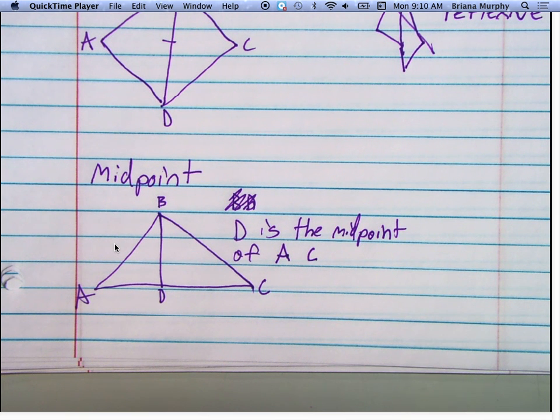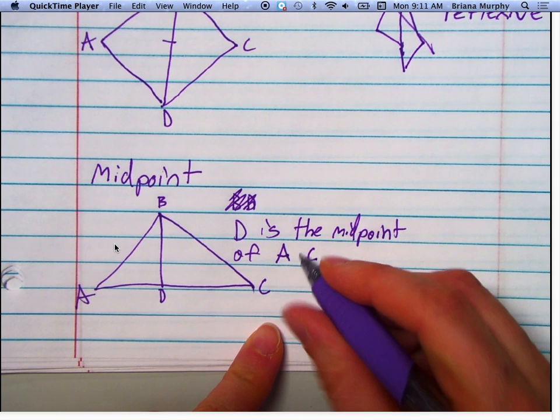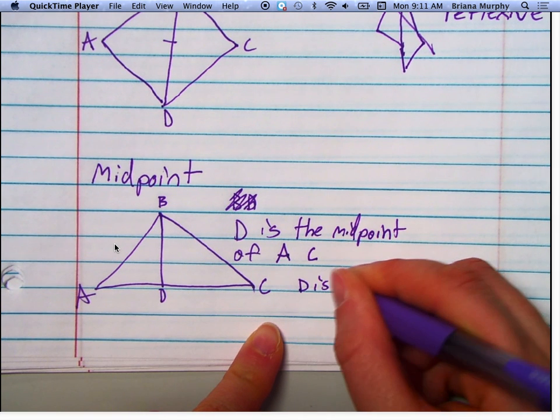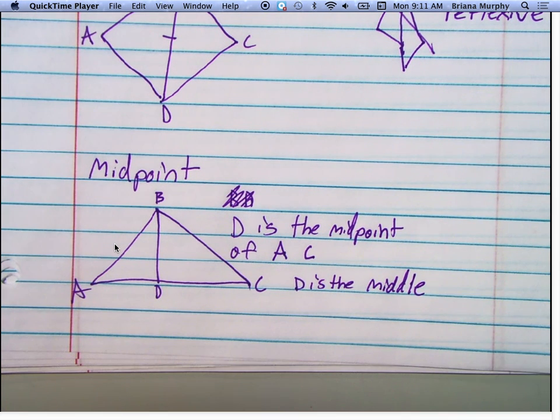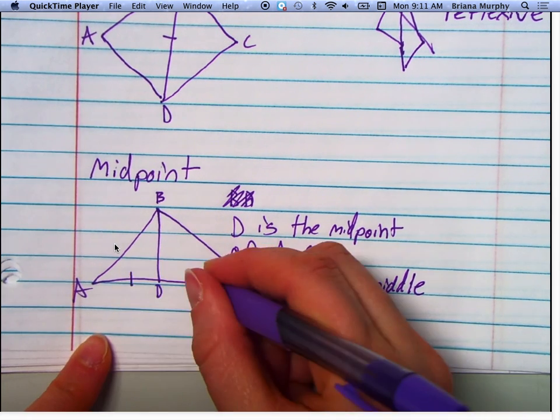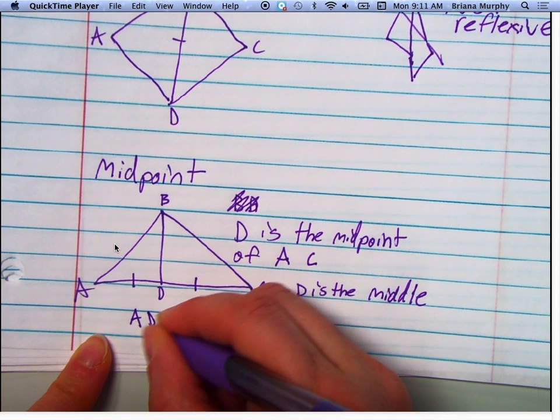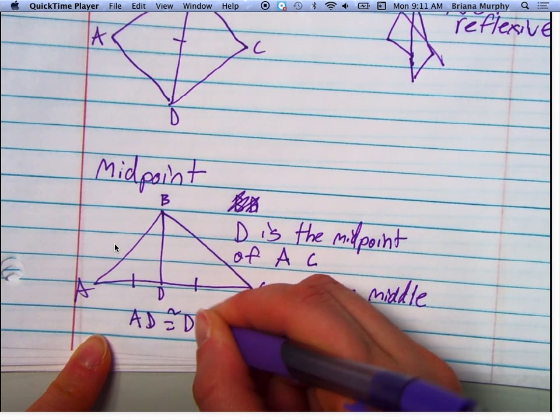When I cut something at its midpoint, that's cutting it in the middle, right? If something's the middle, both halves are congruent to each other. So AD would be congruent to DC.